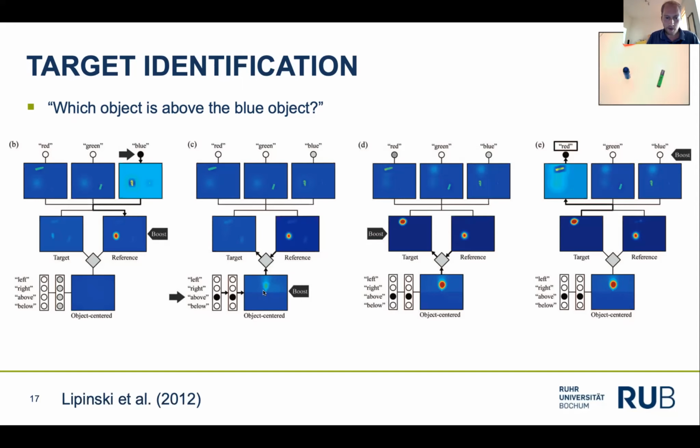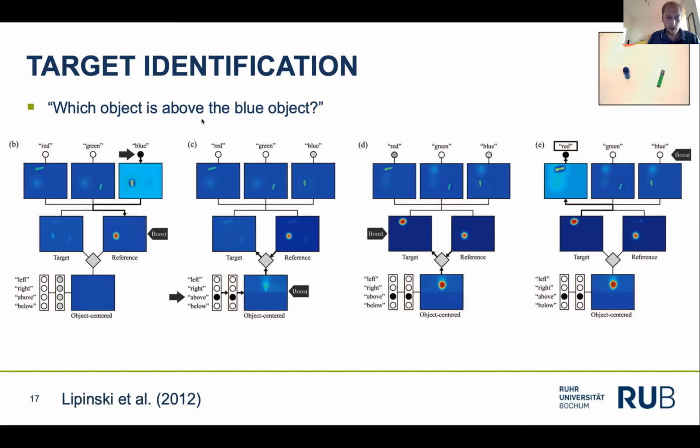And this way, for example, if we have a relative location which is above, and we have chosen a reference object, then we can cause the target field to receive input on those locations that are in fact above the reference object.